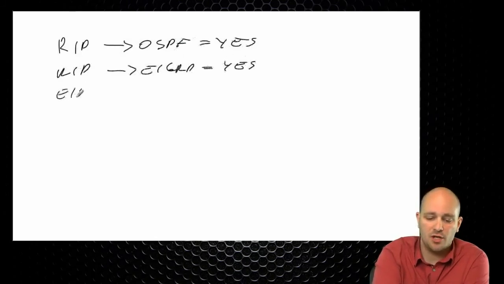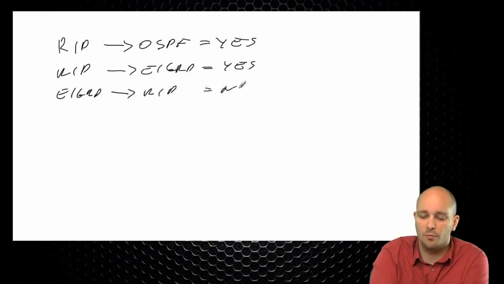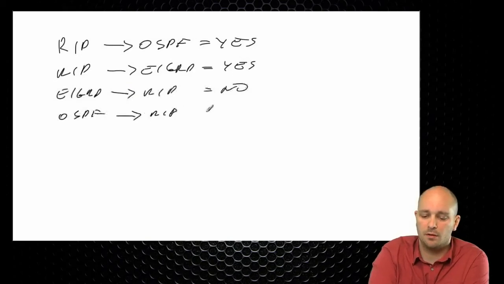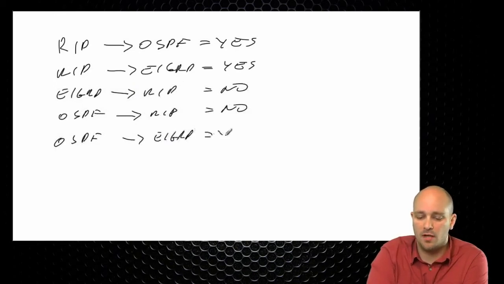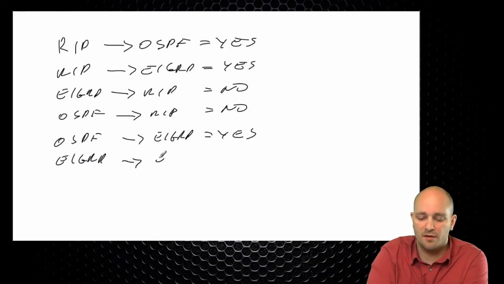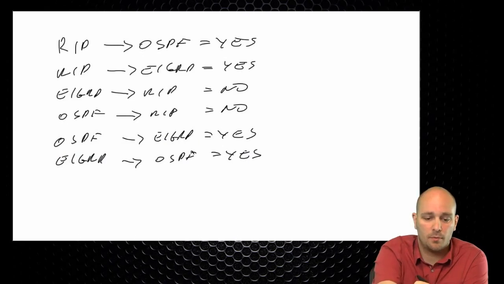When you have EIGRP to RIP, the answer is no. When you have OSPF to RIP, the answer is no. When you have OSPF to EIGRP, the answer is yes. And when you have EIGRP to OSPF, the answer is yes. Please repeat.